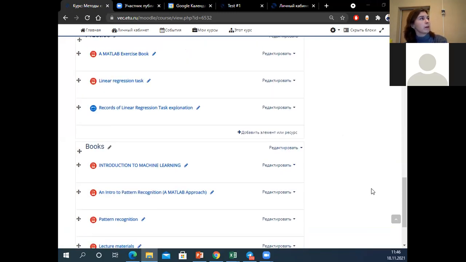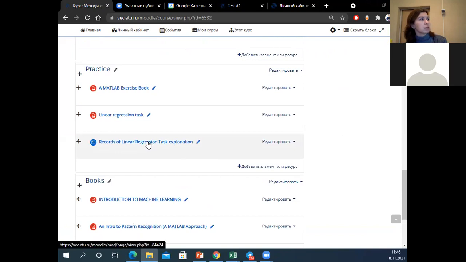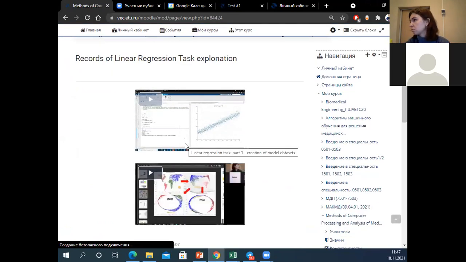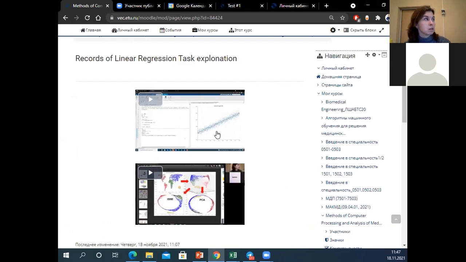And also I've added records of the linear regression task explanation. Here you'll see the page with videos from previous lessons. The first one contains generation of the model dataset. It's the first part of the task. And the second one contains theory about linear regression and the second step of the practice.